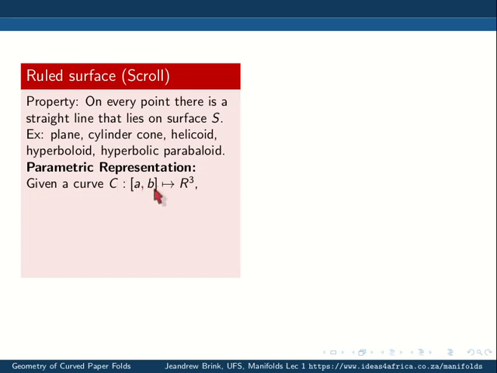You have a map from an interval to R3, and you can basically make it up from a curve, like any curve, for example the circle up here, that maps from the interval to R3, and a non-zero vector, so that at each point on the curve you have another non-zero vector, and we're going to call it R, that also maps from the interval to R3.